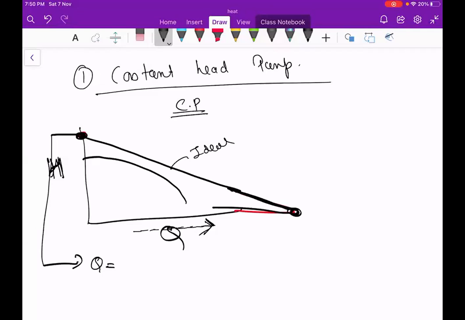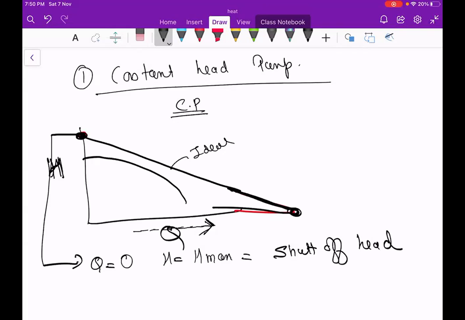So Q equals 0 and H equals H max. That point is known as shut off head.